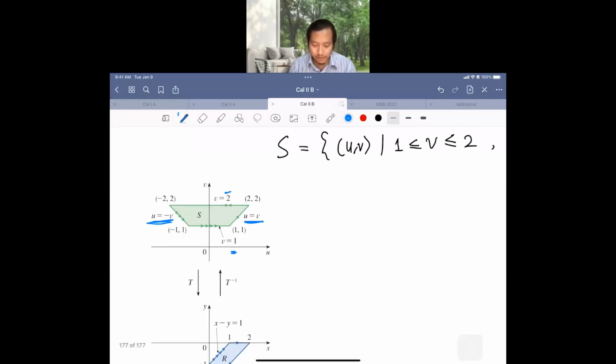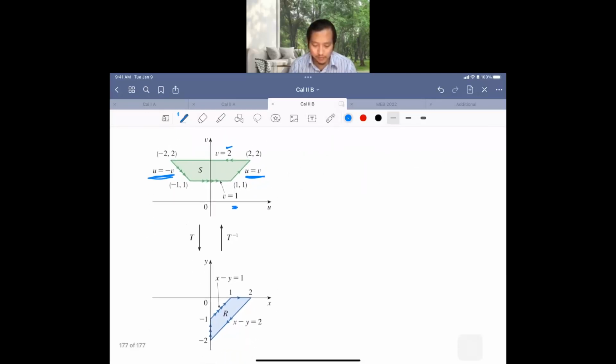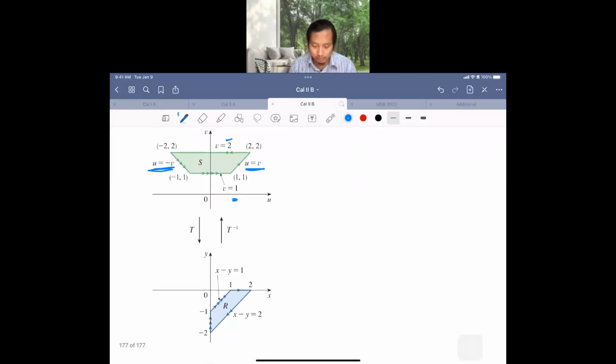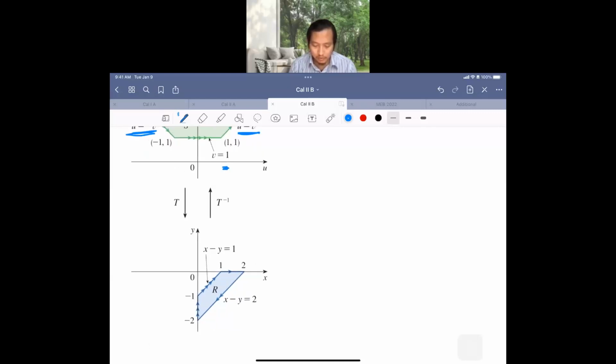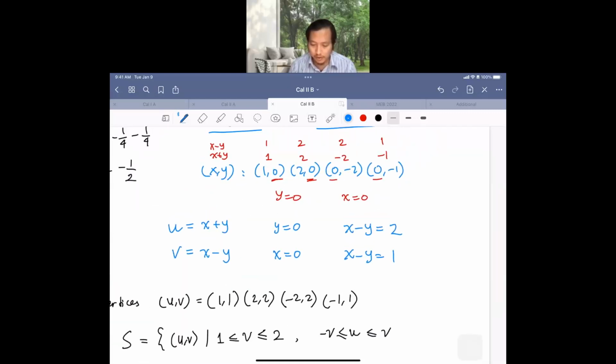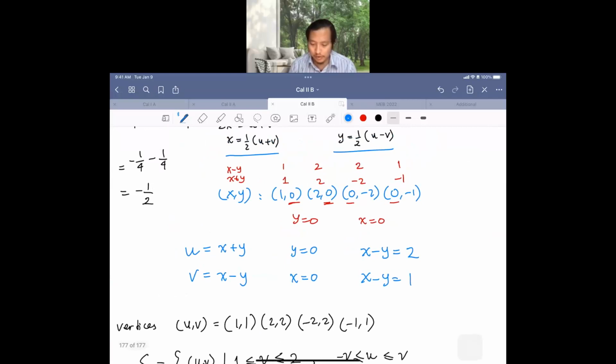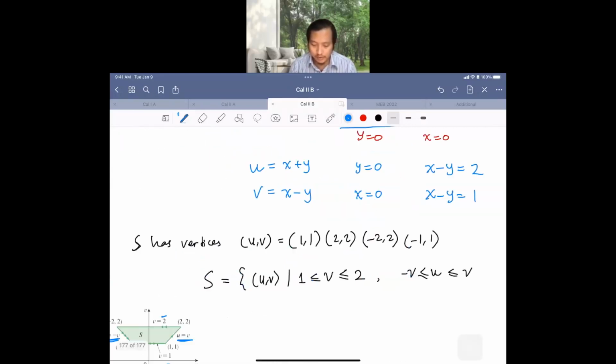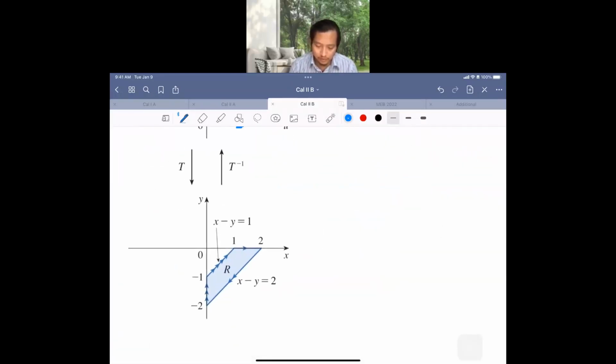If we transform this by looking at the xy plane, this is what we have. This is from the first one here, and these are the vertices: (1, 0), (2, 0), (0, negative 2), (0, negative 1). Okay.